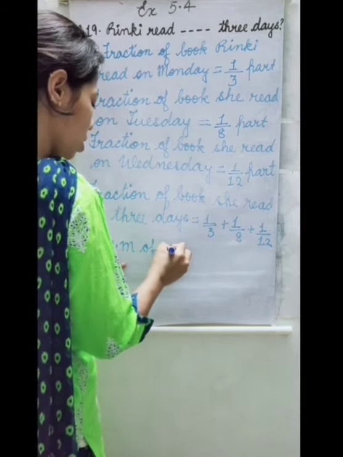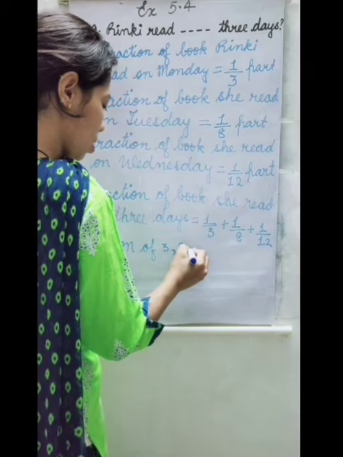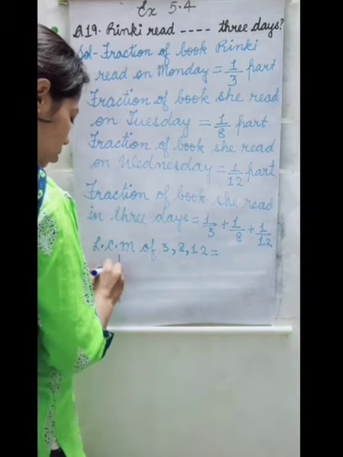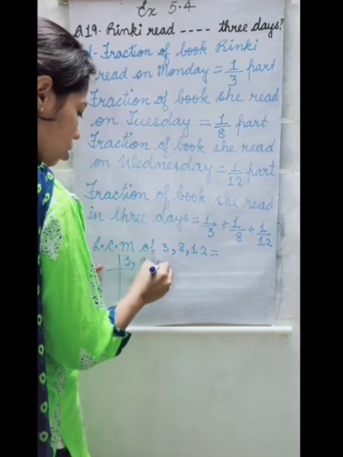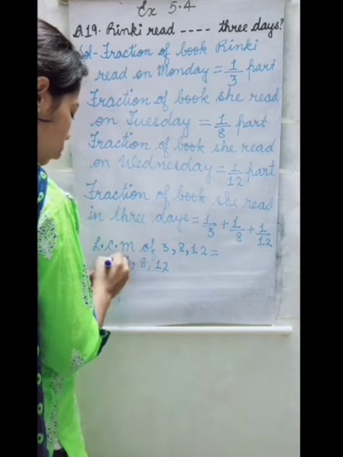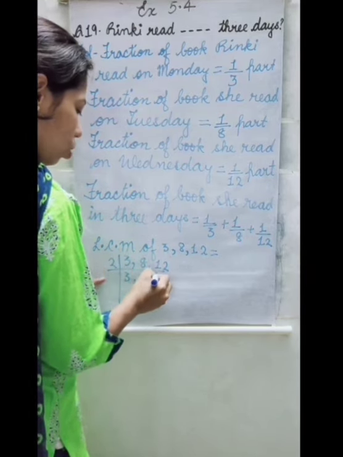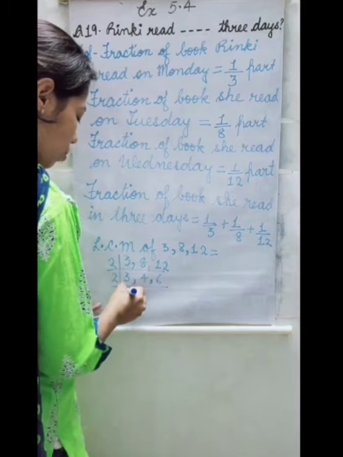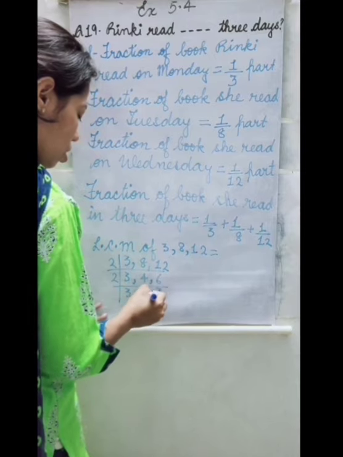LCM of 3, 8 and 12. Write 3, 8, 12. Divide by 2: 3 will come down as it is, 2 fours are 8, 2 sixes are 12. Again by 2: 3 comes down as it is, 2 twos are 4, 2 threes are 6.